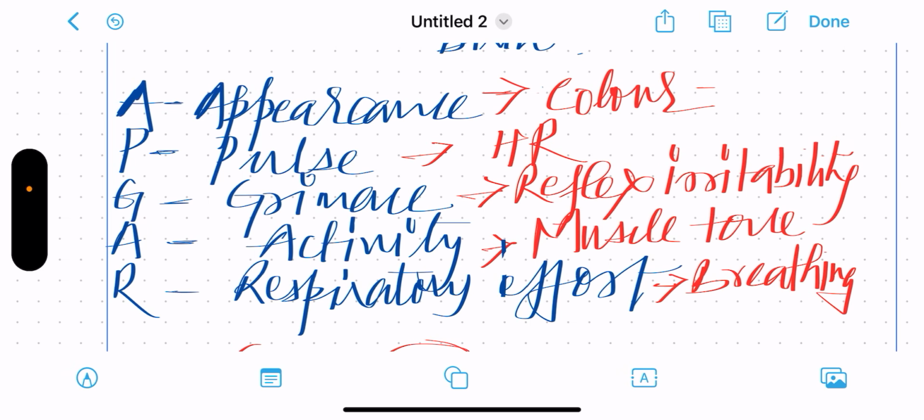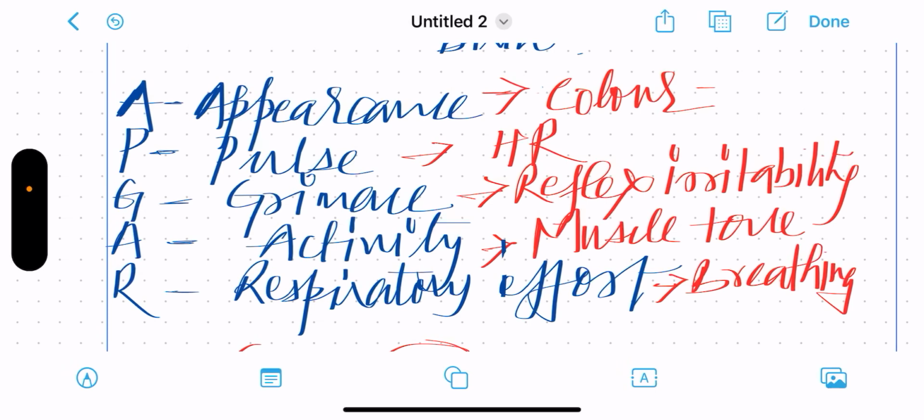And when I say reflex irritability of a child, I mean when we stimulate a child, like a gentle pinch to a newborn. When we are stimulating a child with that pinch, how does the child respond to that pinch?